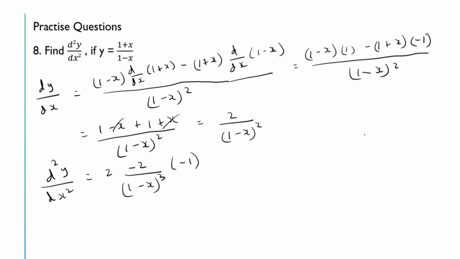Since we know that d by dx of 1 by x raised to n is minus n by x raised to n plus 1. So here it is d by dx of 1 by (1 minus x) the whole square. So it is minus 2 by (1 minus x) the whole cube into minus 1. So this is equal to 4 divided by (1 minus x) the whole cube.